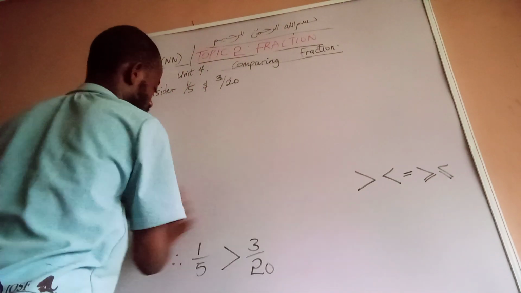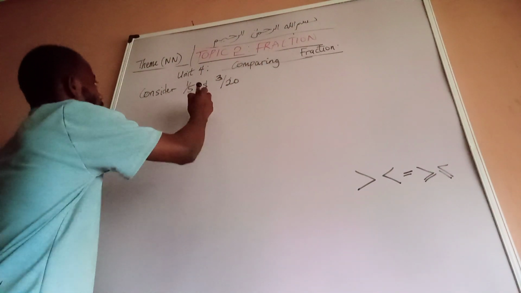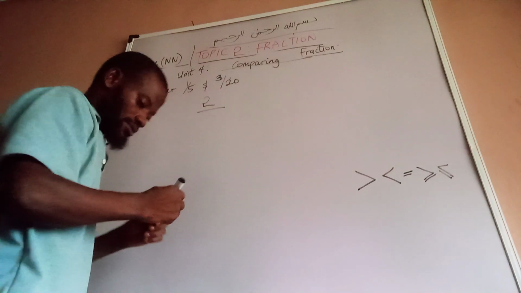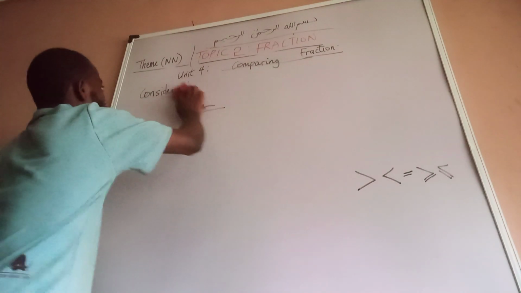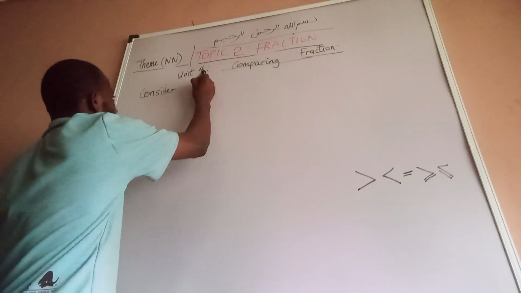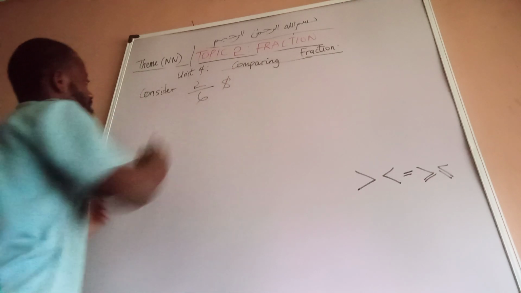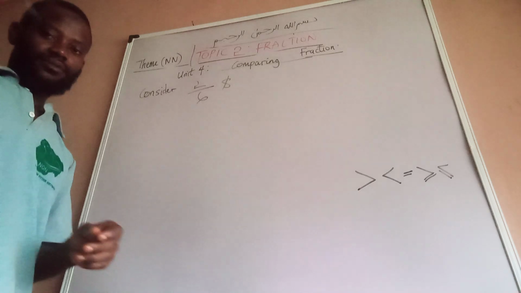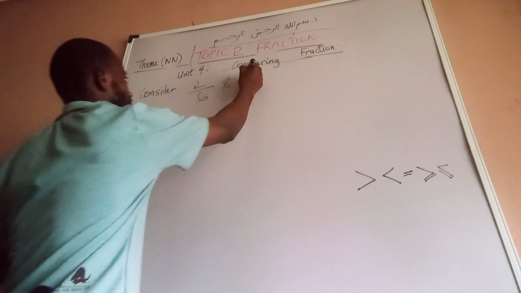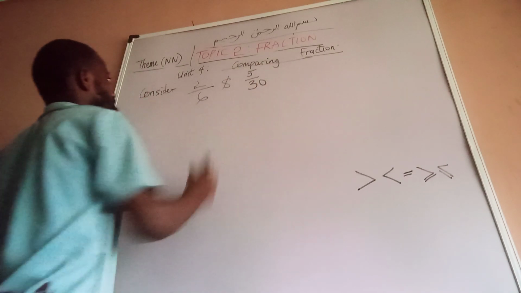As for the second case, let's compare 2 over 6 and 5 over 30.